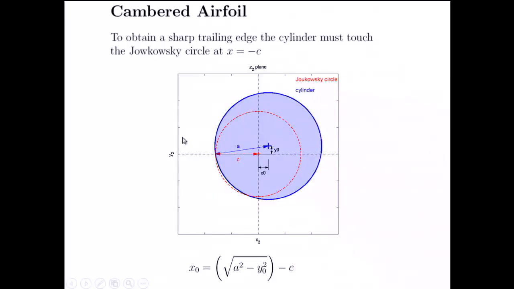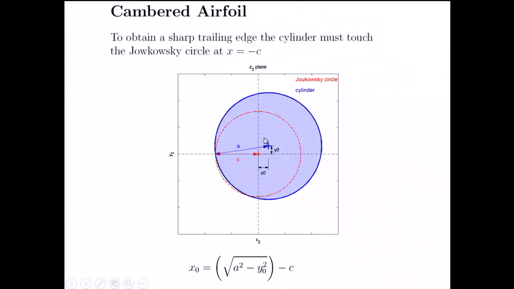Okay, sorry. So if we look at this triangle, this is the center of the blue circle, and this is the critical point. And I'm sketching a line that is perpendicular to the x direction. If I look at this triangle, I should have y naught squared plus c plus x naught squared equals a squared.